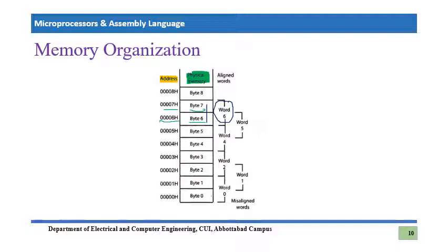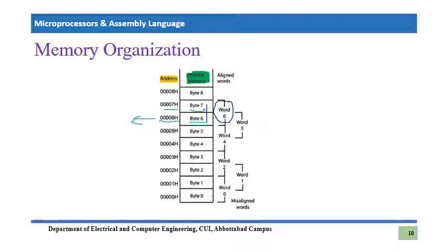Which one of them is the lower address? The lower address is 0006, so it is the least significant byte. So byte number 6 is the least significant byte, and the higher address is 007, so the most significant byte is byte 7.